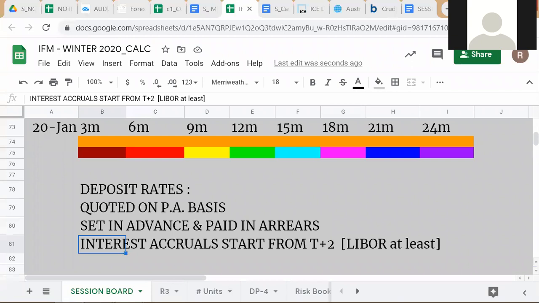Current LIBOR interest rates. Euro LIBOR, yes, you can see now. Euro is actually looking at negative interest rates.